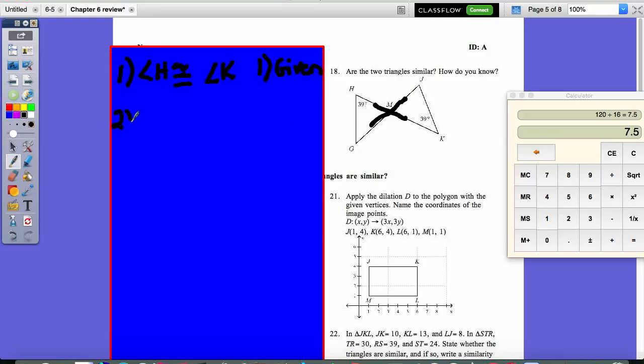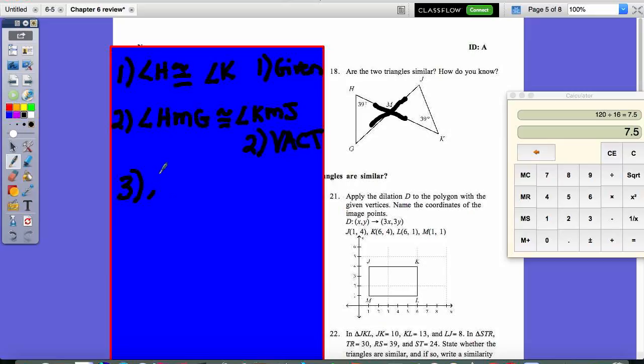So I'm going to say angle HMG is congruent to KMJ. You could say JMK as long as M is your vertex. But since I already know that H and K are congruent, I'm going to set them up in an order that will also work when I write a similarity statement. And I know they're congruent by the vertical angles congruence theorem.